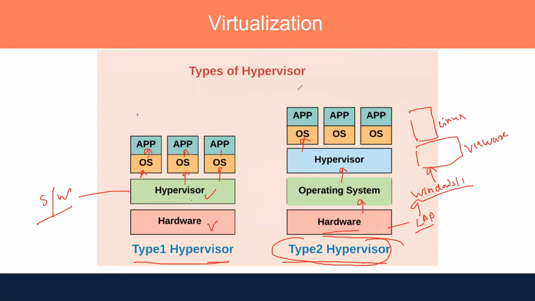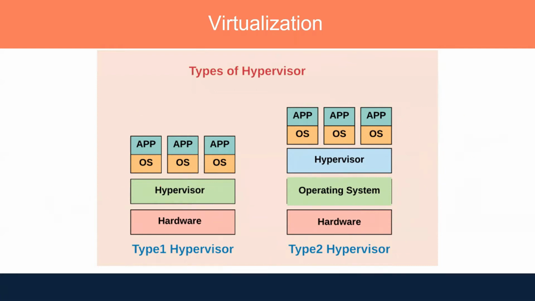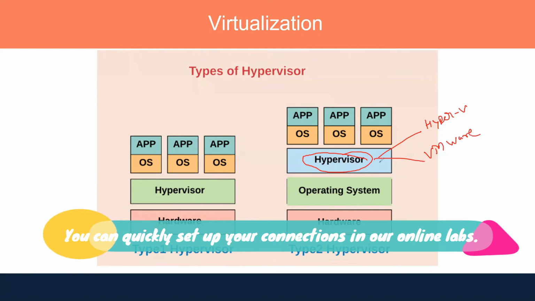So what I'm doing is a virtualization of my physical hardware. Is VMware the hypervisor? Yes, VMware is an example of a hypervisor. It could be Hyper-V, VMware, or VirtualBox.